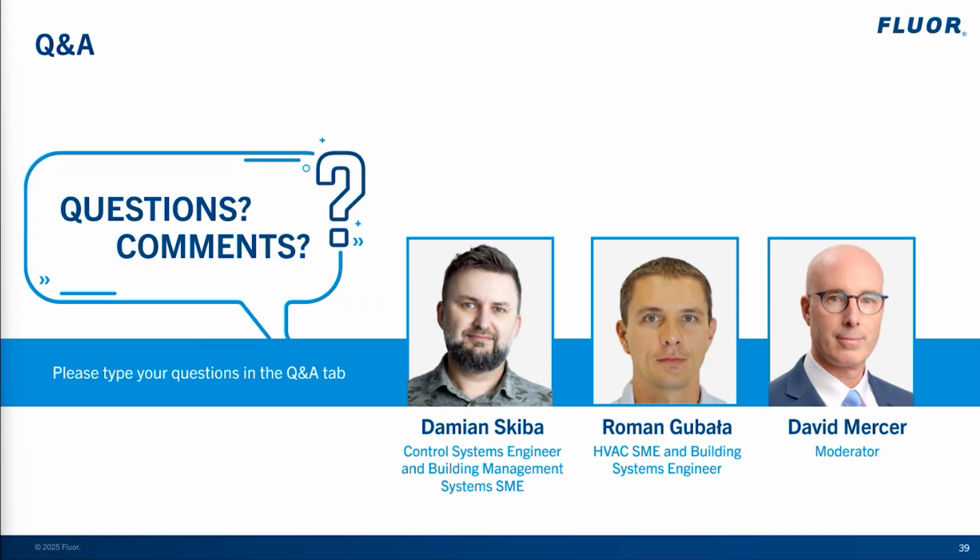All right, Damian, is there something else you may like to add to that? From the control system point of view, generally the control system must serve the mechanical installation. So if the mechanical system is divided into a few groups, then ours also should be. I don't see any reason to separate the BMS system only for serving clean rooms.